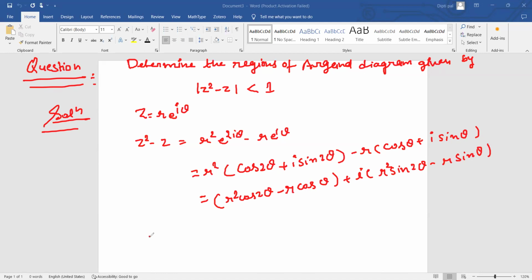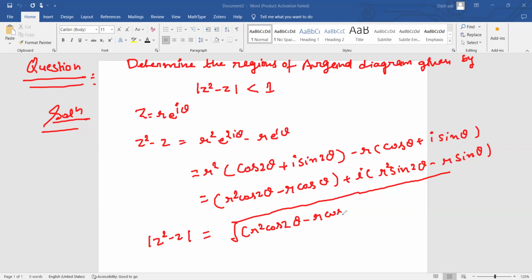Now the modulus of Z square minus Z will be the square root of r square cos 2 theta minus r cos theta whole square plus r square sin 2 theta minus r sin theta whole square.